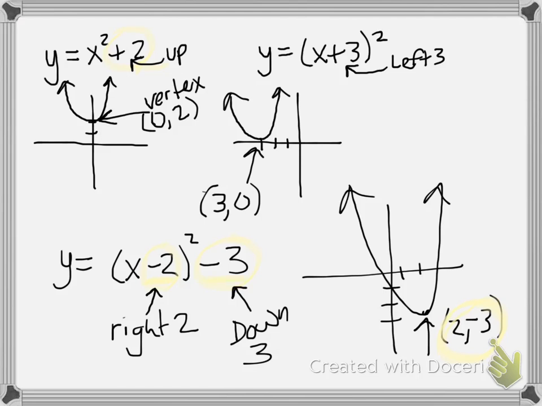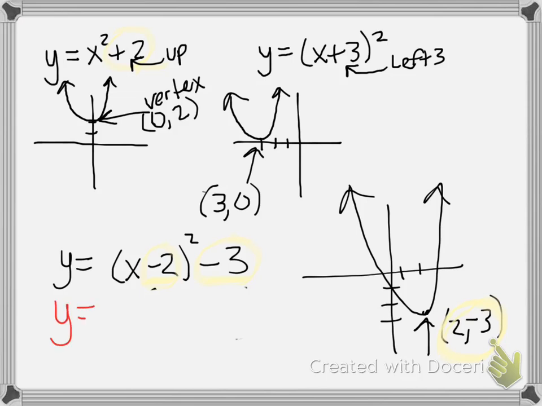That brings us to vertex form. Okay, so I'm going to kind of erase this for a second. So let's not think about up and down. Let's just think about the vertex. So there's a form, and I'm going to follow this same thing here.